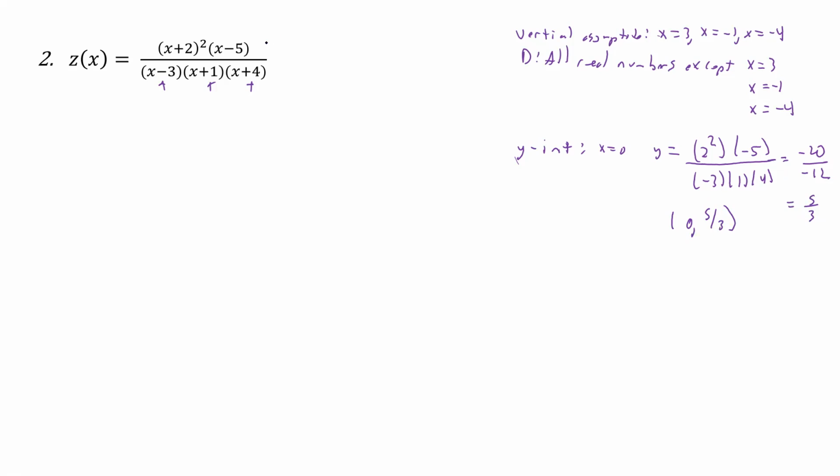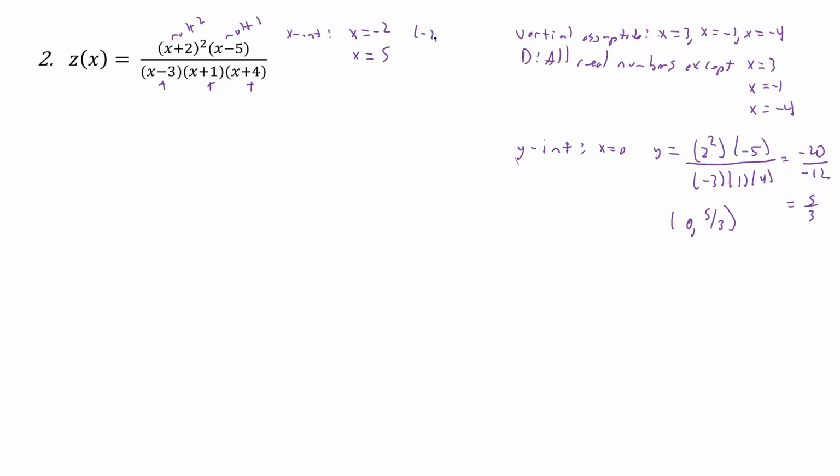Now our x-intercept, let's just do that up here. So we're going to have multiplicity of 2 for this one and 1 for this one. Okay, so multiplicity of 2, multiplicity of 1. But our intercepts are going to be x equals -2 and x equals 5.